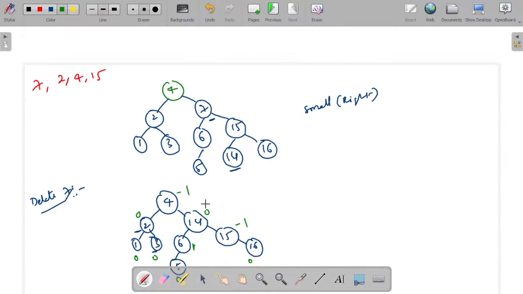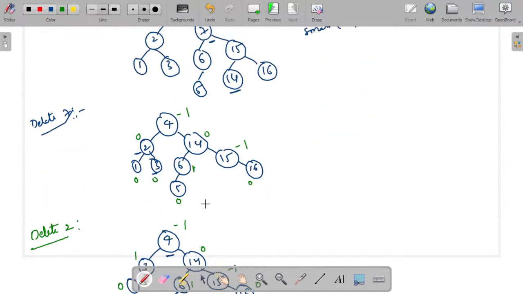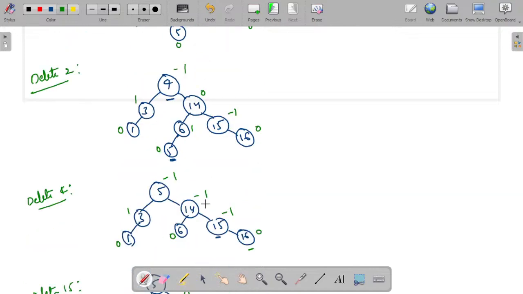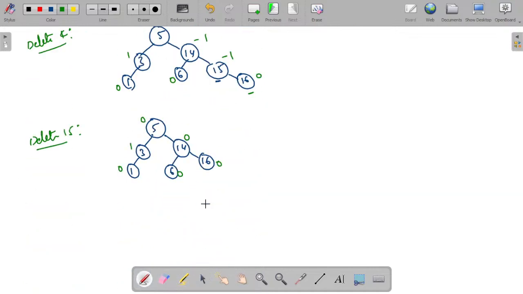All right, do not worry guys, if you would like to see different situations in AVL tree for the deletion operation, I already made a video for that, the AVL tree deletion operation, wherein you will end up with all the possible situations. After deleting, sometimes you will end up with right rotation, sometimes left rotation, sometimes right left rotation and left right rotation.